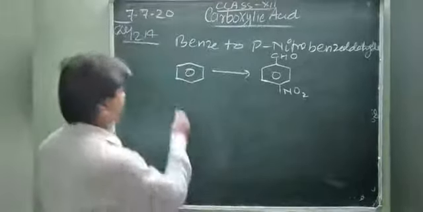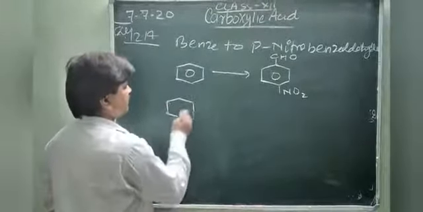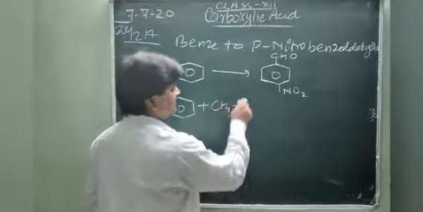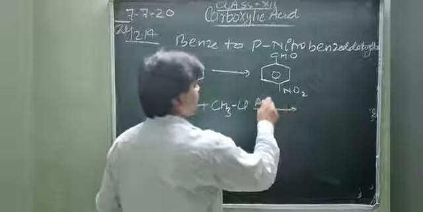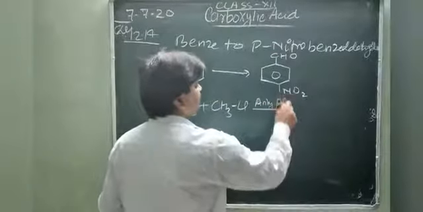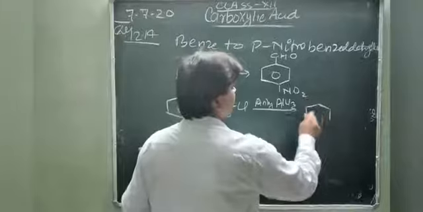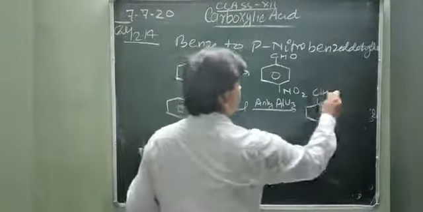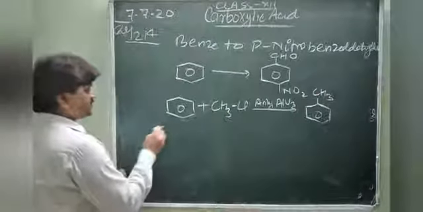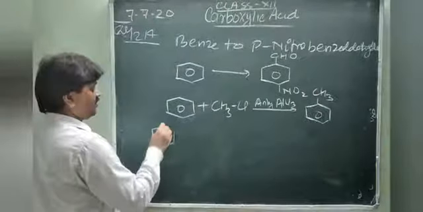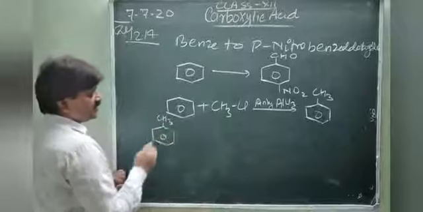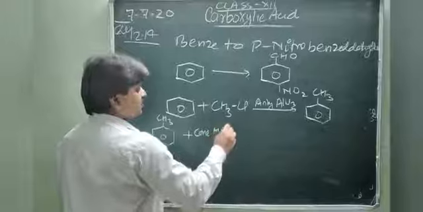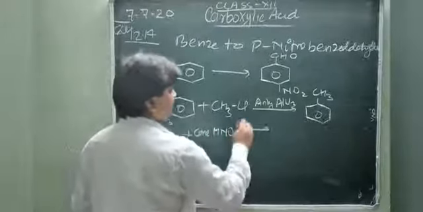So first write here benzene converted into the toluene. This is by the Friedel-Crafts alkylation reaction. CH3Cl in presence of anhydrous AlCl3, it converts into the toluene. And this toluene on nitration, CH3 is a para directing group. This is treated with concentrated nitric acid HNO3 in presence of concentrated H2SO4.